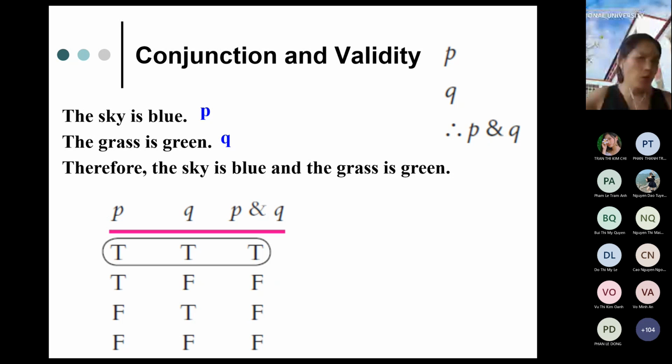Later on, you will have a table with many columns, but we only look at the columns of the premises. So here, the first 2 columns are the columns of the variables, but they are also the columns of the premises. Okay, so look at the first 2 columns. You see that only the first row has both values true. And then check with its conclusion. Oh, the conclusion is not false. Therefore, this argument is what?